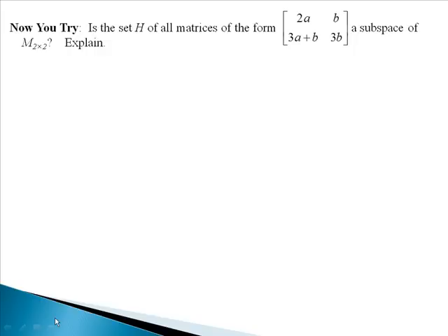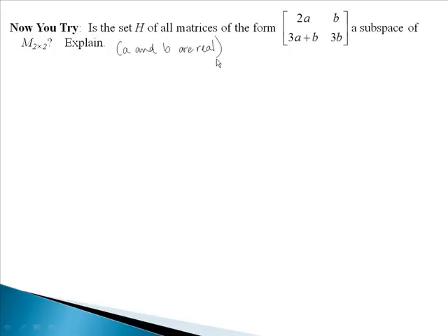Now you try. I want you guys to look at this example, this set H of all matrices of this form, and determine if it's a subspace of M sub 2 by 2, which we defined earlier in this section, which is basically 2 by 2 matrices with real numbers in them. And we are assuming that A and B are real.